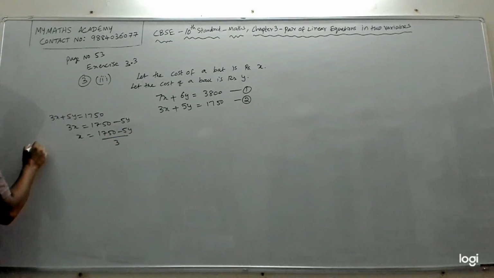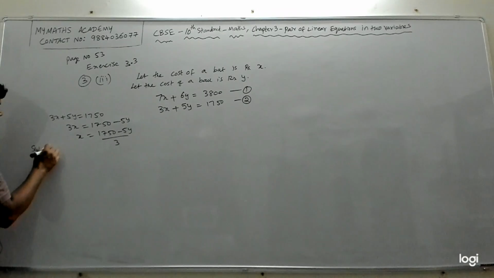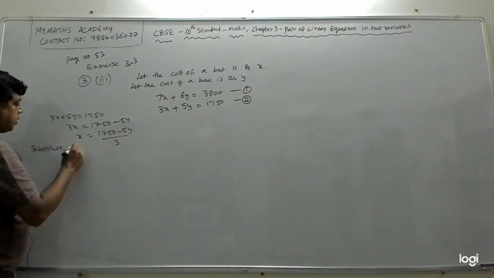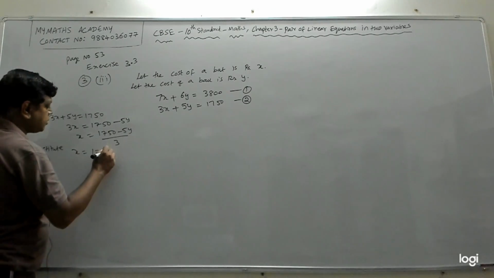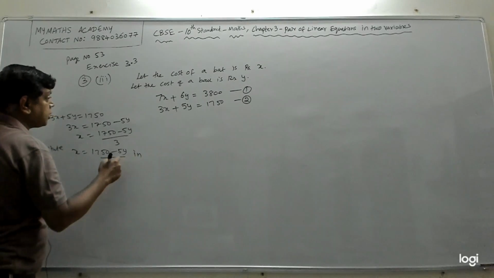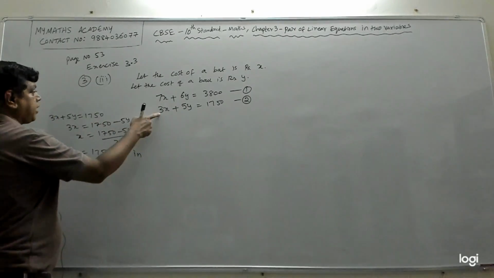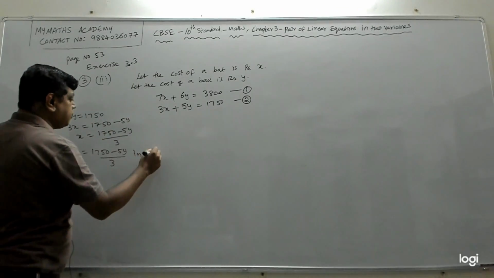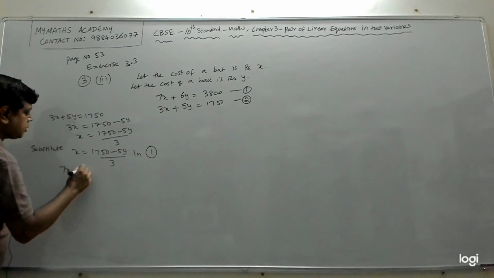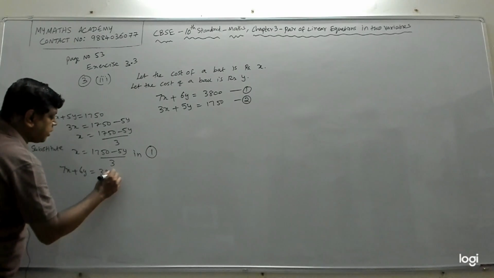Now we need to substitute x is equal to (1750 minus 5y) by 3 in which equation? This has come from the second equation, so we need to substitute it in the first equation. What is the first equation? 7x plus 6y equal to 3,800.